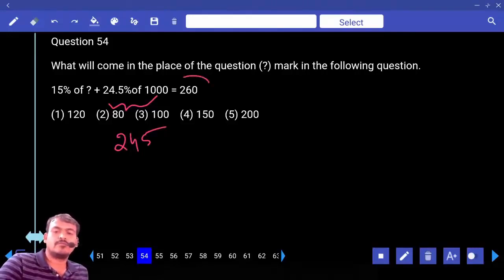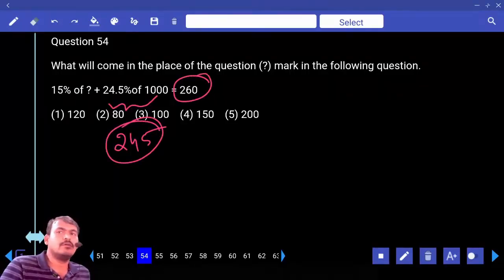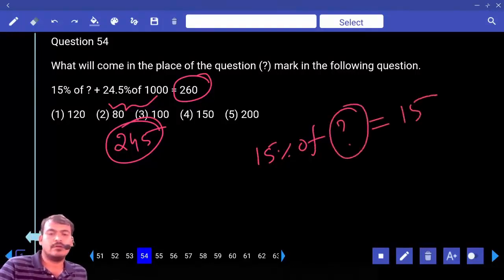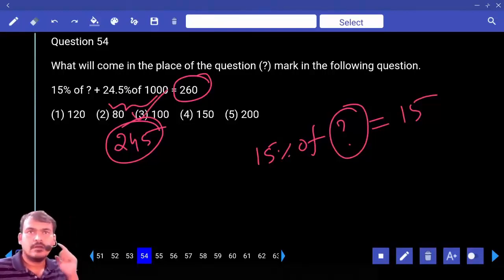Out of 260 we are subtracting 245. What is the remaining value? 15. That 15 equals 15% of something, so something must be 100, because 15% is 15, 100% is 100.